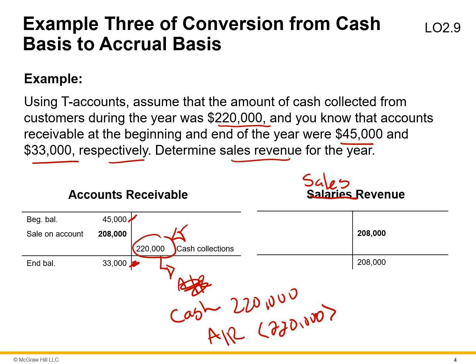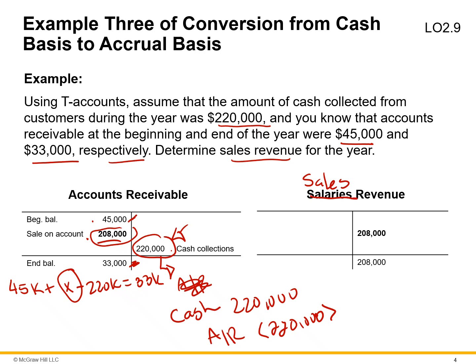So our plug is going to be 208,000, because 45,000 plus X minus 220,000 equals 33,000. It's just the algebra itself for X. So the debit to accounts receivable is 208,000.